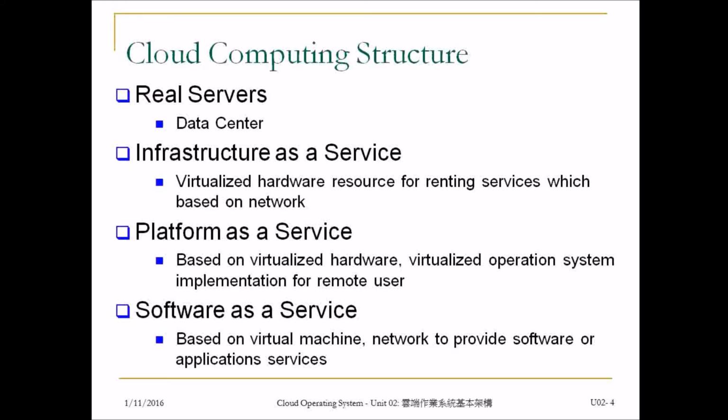So, in a cloud computing structure, the infrastructure can be a service for a client customer. The people can rent the on-demand CPU and memory by themselves, and this service is based on the network.